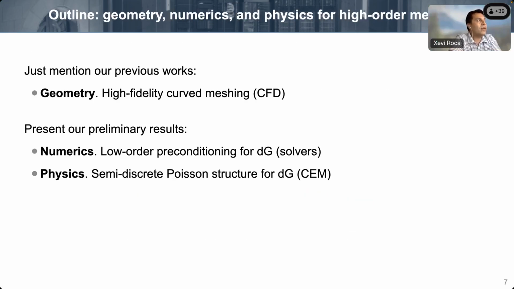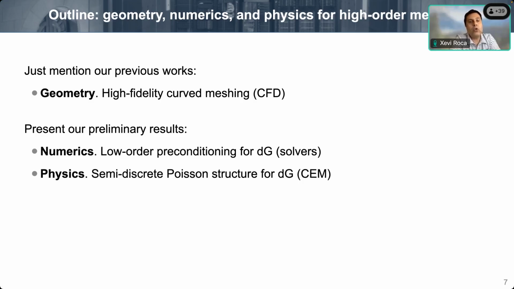Okay, so for the rest of the talk, I'm just going to mention our previous works because I decided, as I said before, to give more details on the preliminary results that we are working on now. So for the geometry, I'm going to give just a quick overview of the work that Aloy Ruiz and myself did in high-fidelity curved meshing, mainly for CFD, and then I will present these preliminary results in the numerical and physical aspects.